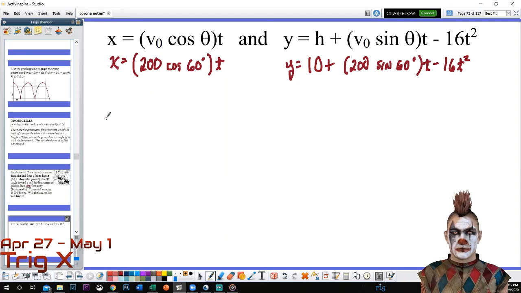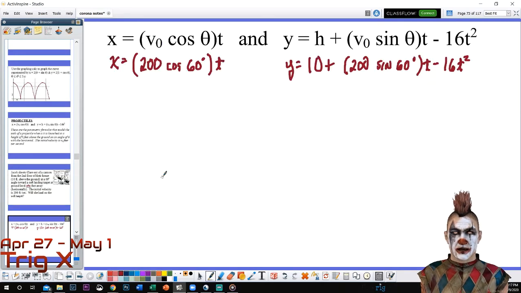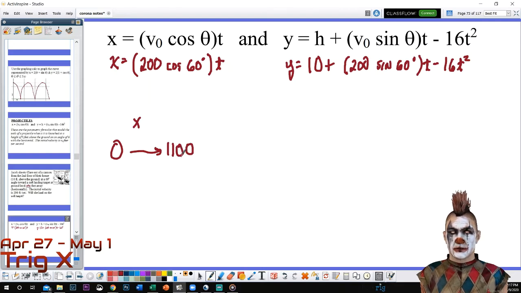So this says she might land 1,090 feet away. This is horizontally, so this means that our x value has to go between 0 and at least 1090. So I'm going to go to 1100 just to make sure I can see that whole graph. And in fact, I like to see where it really starts, so I like to give myself a little bit of room on the left so I can see the x-axis and the y-axis.